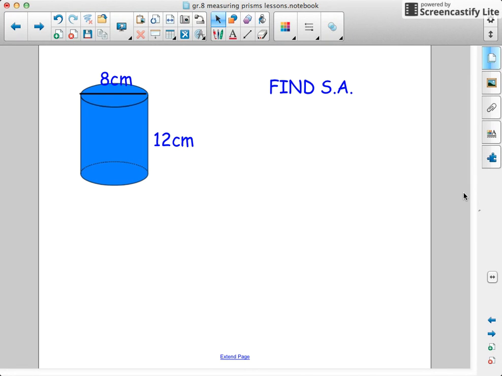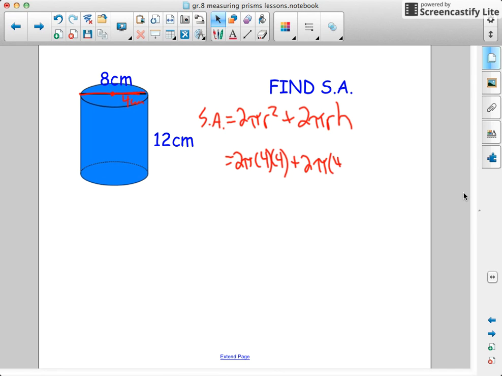Okay, let's do another example. This one gives you the diameter, so you have to cut that in half to use a radius of 4 centimeters. Don't forget to do that. So surface area equals 2 pi r squared plus 2 pi r h. So this is 2 times pi times 4 times 4 plus 2 times pi times 4 times 12.